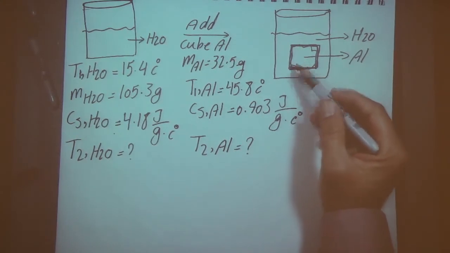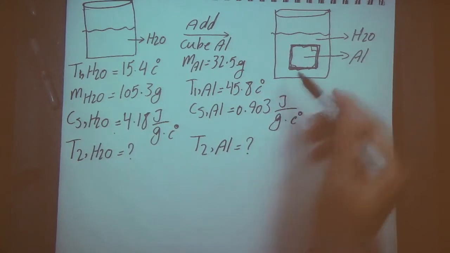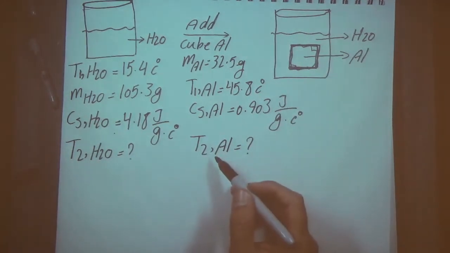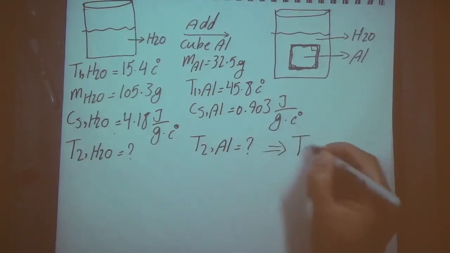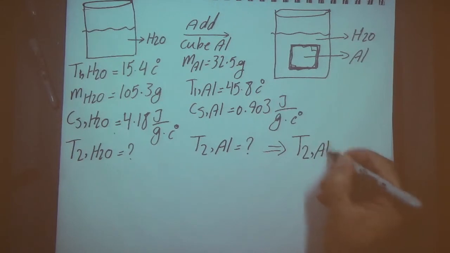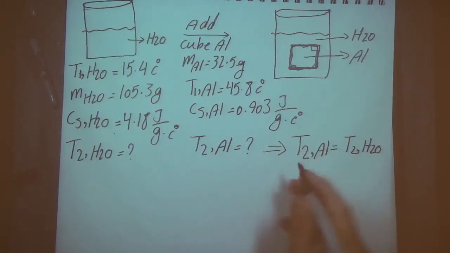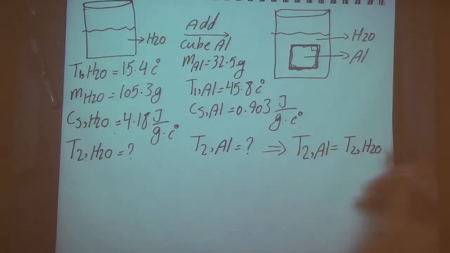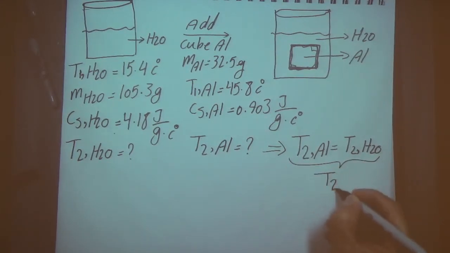When I say equilibrium, I mean at the end, the final temperature of water is going to be equal to the temperature of aluminum. So why don't we write this here? T2 of aluminum equal to T2 of H2O. And simply, let's call them just T2. Wherever I have T2 of aluminum, I will say T2, and same thing for H2O.